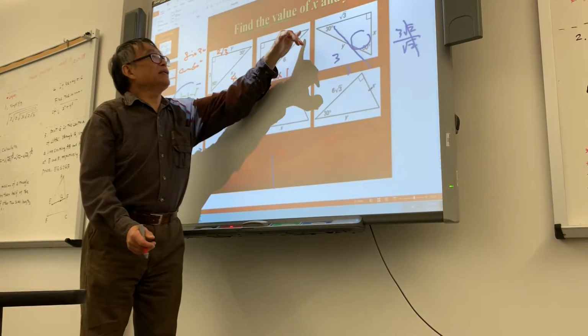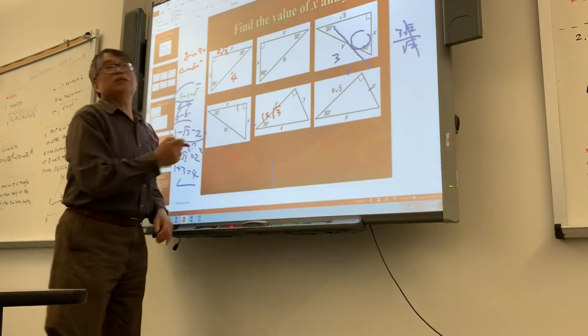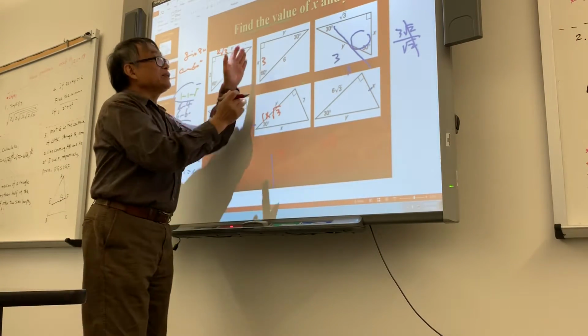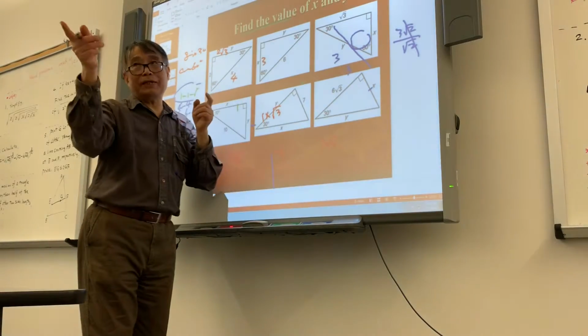This 6 is the hypotenuse. X equals what? Yes? Thank you. Good. Because the shorter leg is half of the hypotenuse, hypotenuse double.